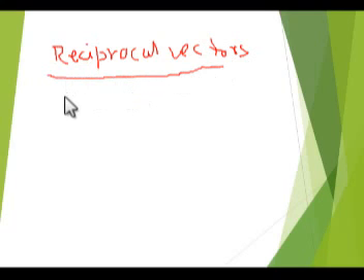So there are three vectors: A vector, B vector, and C vector, which are non-coplanar and lie in different planes.